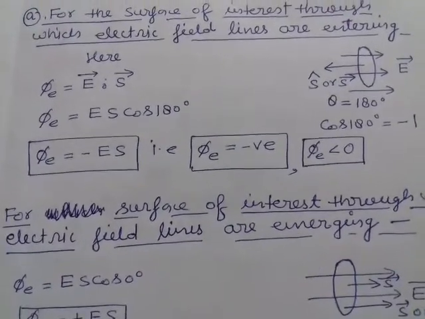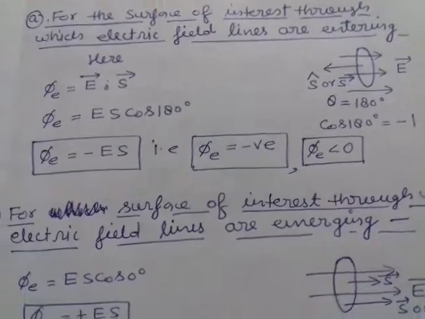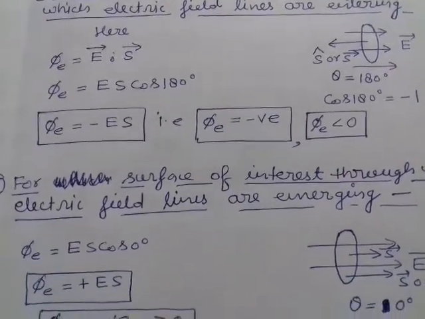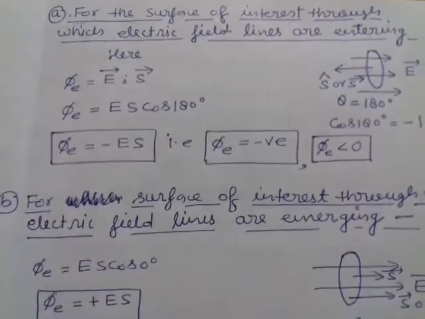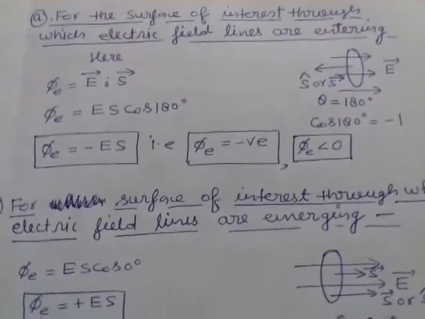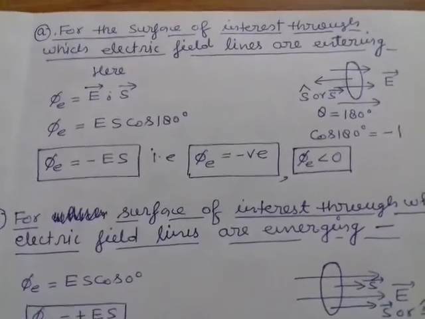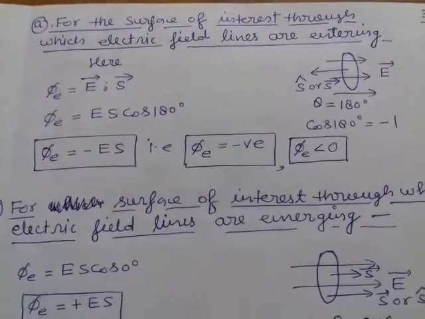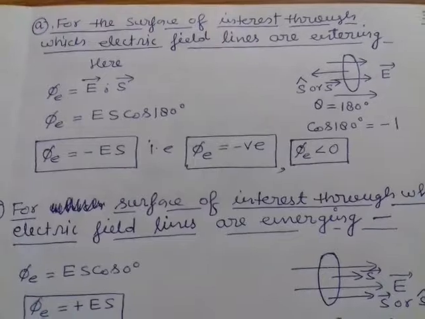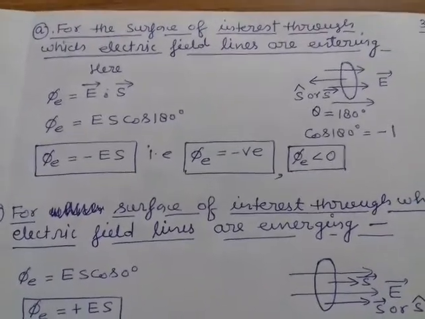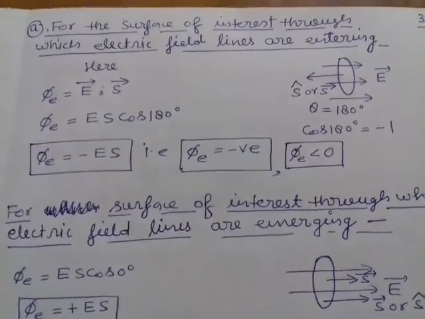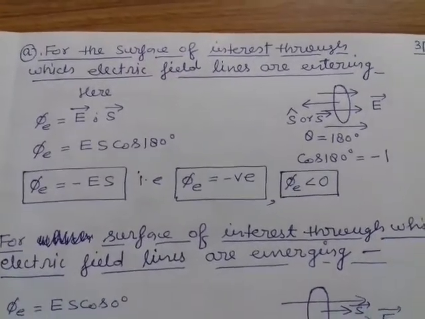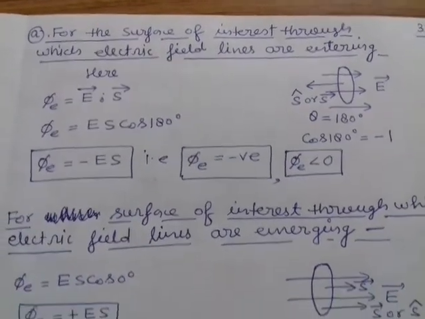The value of electric flux is ES, but this electric flux is negative, less than 0. It means that electric field lines are entering through the surface. When electric field lines enter through a surface, the electric flux through that surface would be negative. This is the point of concept.